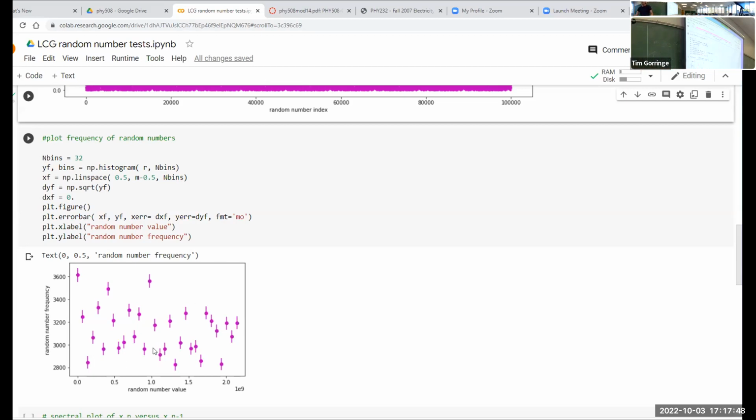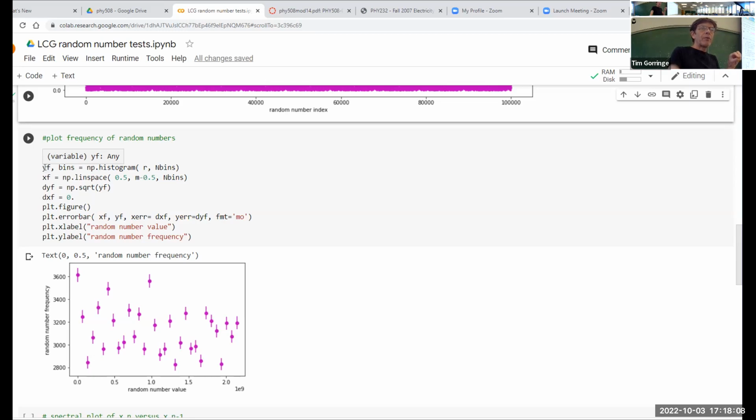To do this, I used a function in NumPy that builds a histogram for me, and then I used a function in matplotlib that plots the histogram.